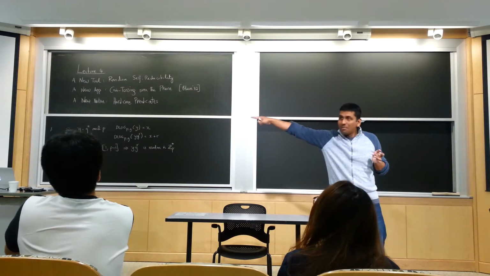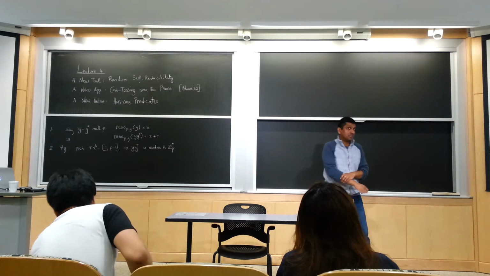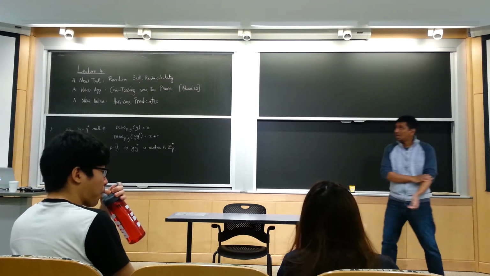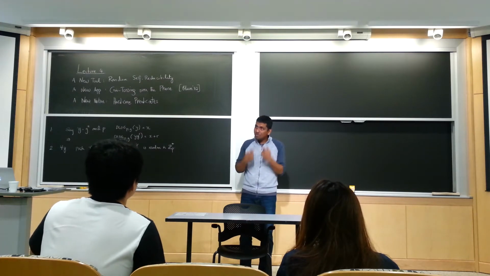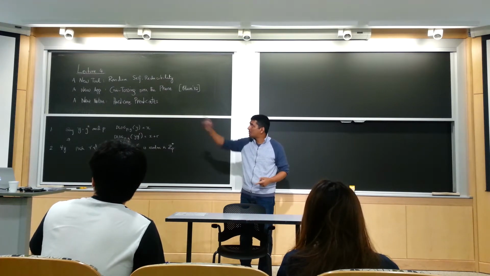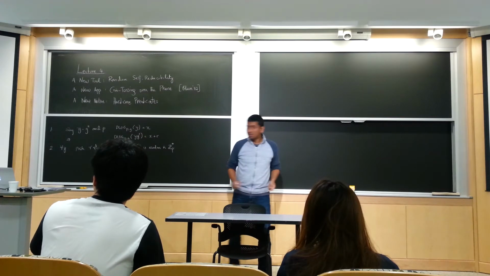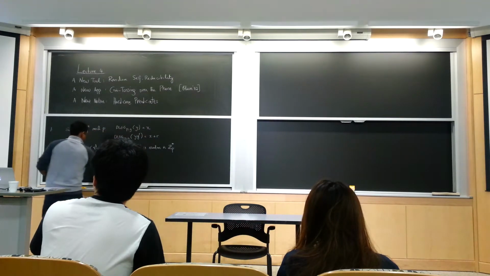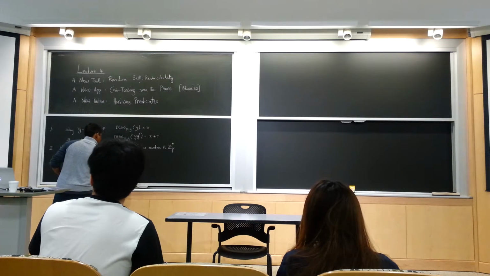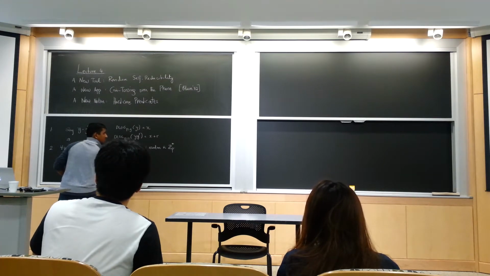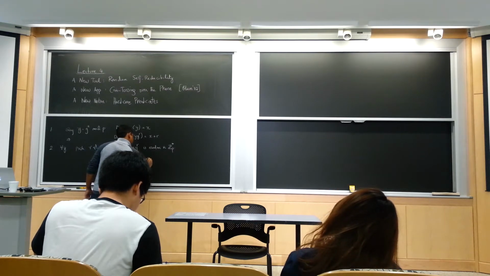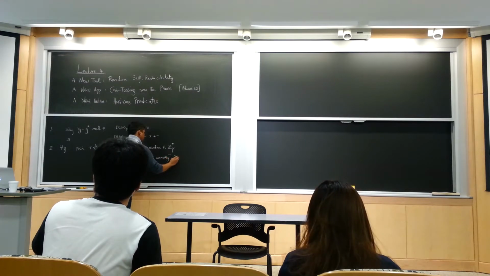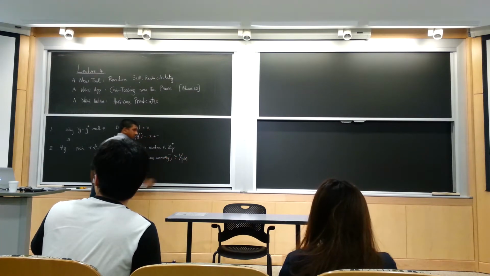So y times g to the r, what I'm feeding to the adversary, is a random element from the group. He promised me that he will compute the discrete log for a 1 over p of n fraction of numbers. So the probability that the imperfect discrete log algorithm answers correctly, namely with the correct discrete logarithm, is at least 1 over p of n.